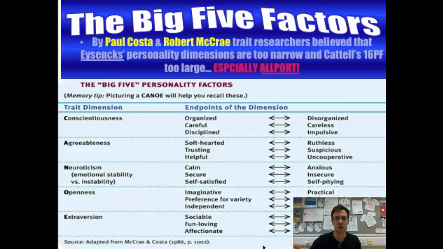If you're high in neuroticism, you're going to be very moody, anxious, insecure, with a lot of self-pity. Openness is the next one here. If you're high in openness, you spend a lot of time reflecting on things, you have a rich vocabulary, and a wide variety of interests. And then somebody who is extroverted is sociable, fun-loving, affectionate, kind of seen as the life of the party. So these are the 5 factors.